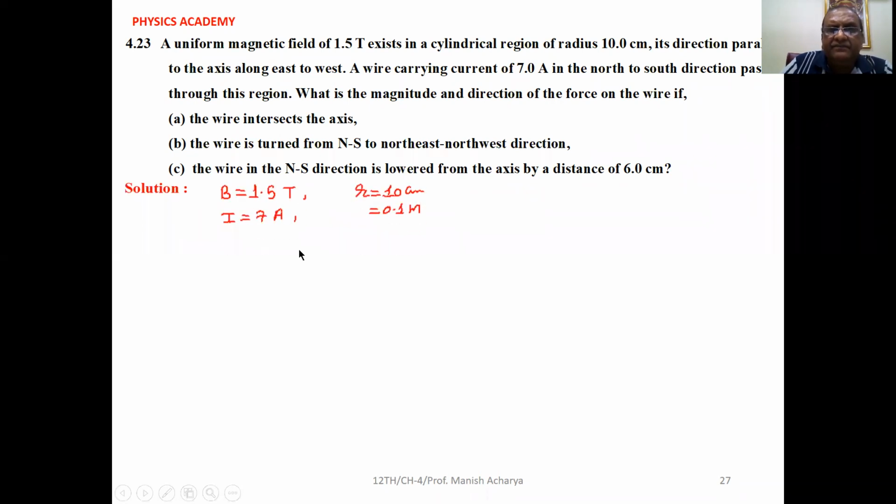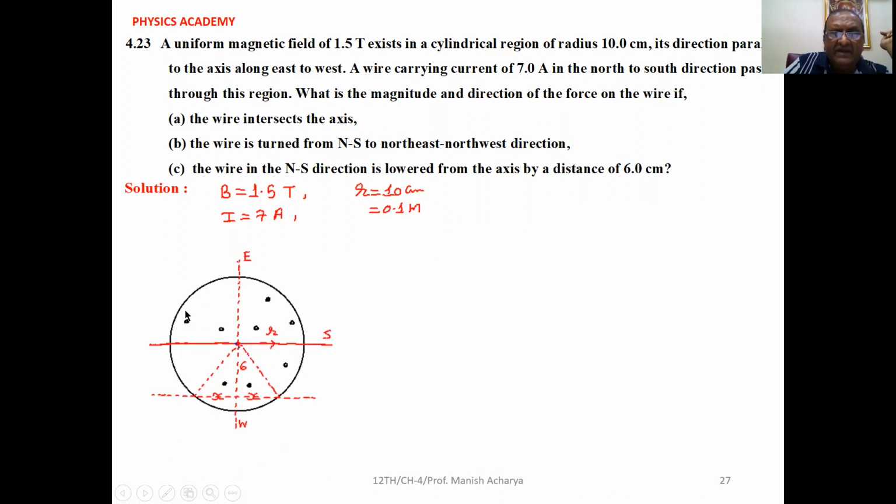Now see, the magnetic field is 1.5 Tesla. The current passed through the wire is 7 ampere. Now R is 10 centimeter for the cylindrical region in which the magnetic field exists, so that is 0.1 meter.